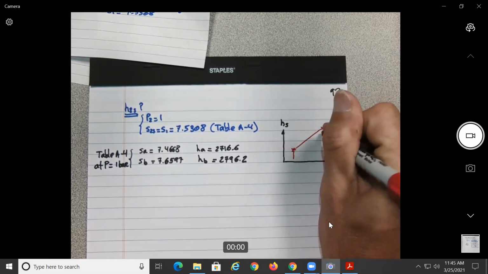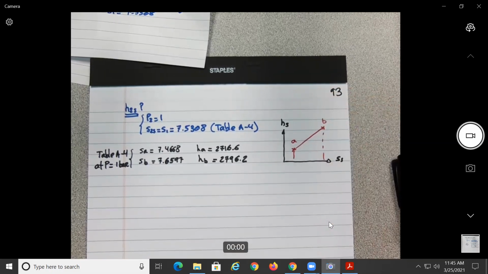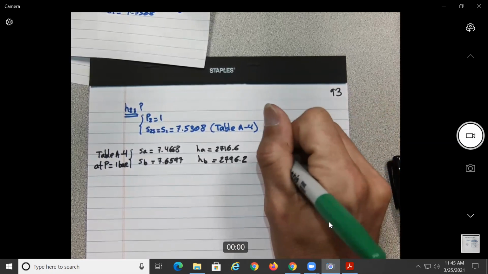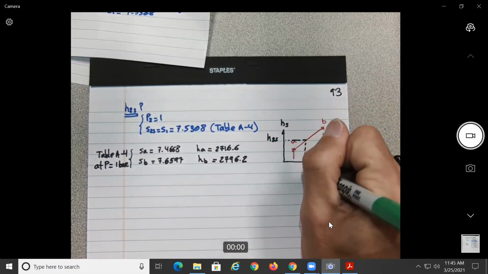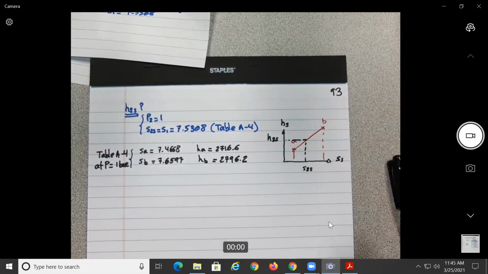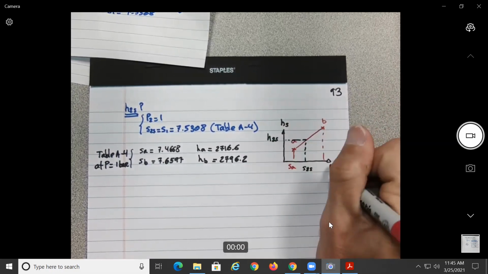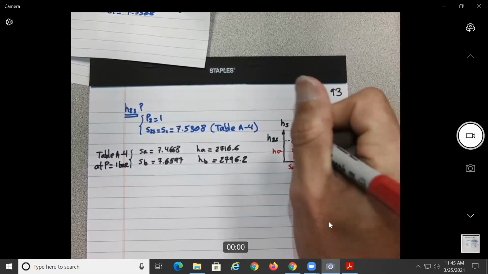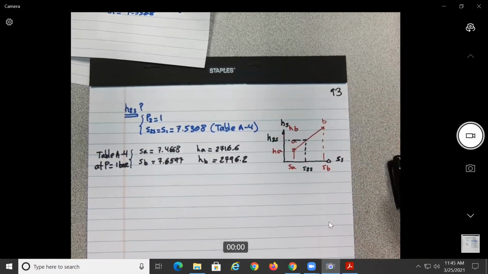Let's say this will be point A, point B. I'm going to try to find here H2S, knowing S2S, okay? And this is S sub A, S sub B, H sub A, H sub B.